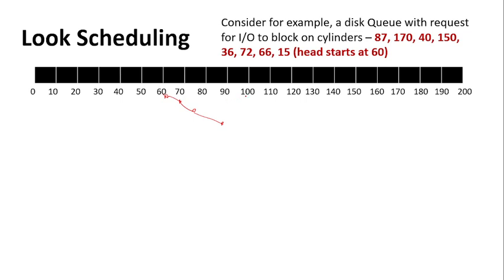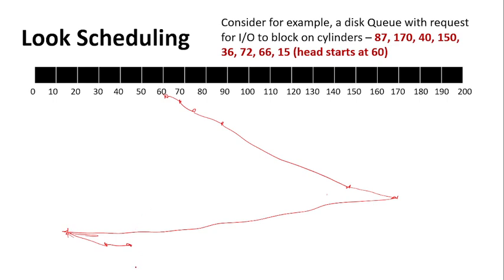After 87 the next is 150, so from 87 to 150 and from 150 to 170, then 170 to 15, 15 to 36, and 36 to 40. Okay, so this is about the look scheduling.